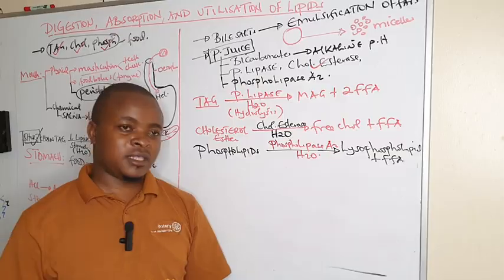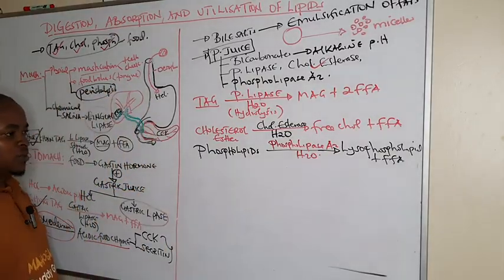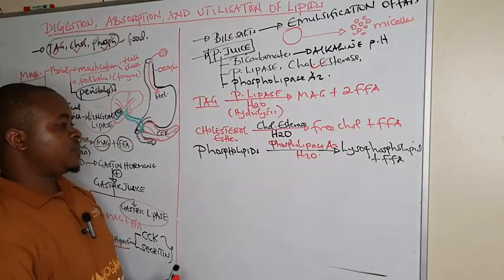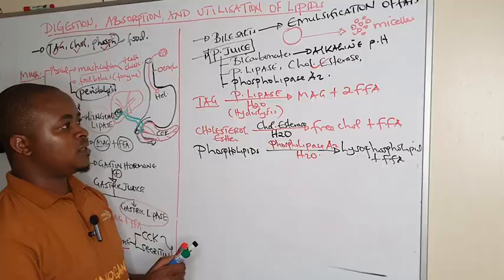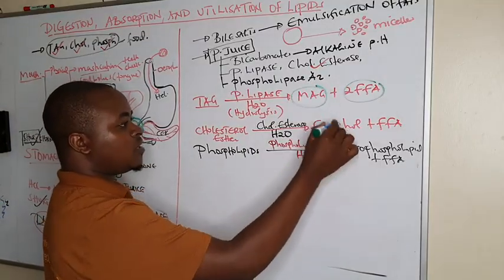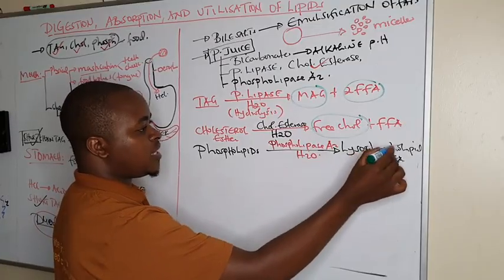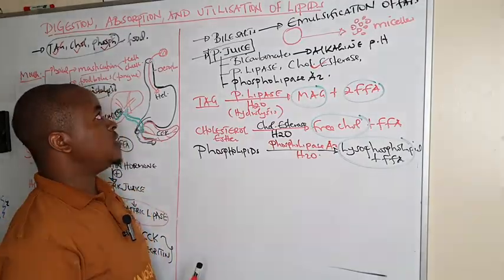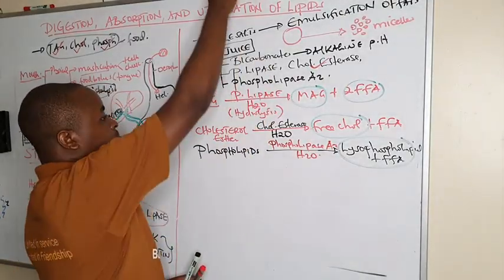So this marks the end of digestion of lipids. From there, we shall look at absorption. How are these products, the fatty acids, the monoacylglycerol, the free cholesterol, and the lysophospholipid, absorbed in the body? So we are looking at absorption.